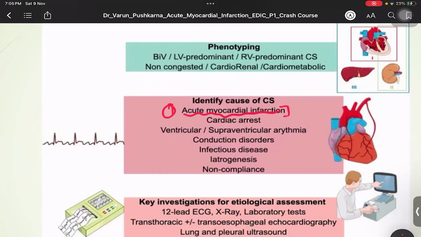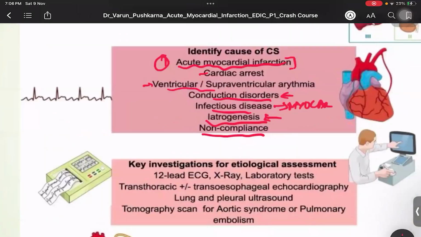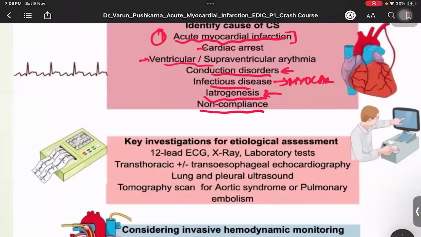Other causes are patients who have suffered a cardiac arrest, who have had arrhythmias like ventricular or supraventricular, conduction disorders like complete heart block, Wenckebach, infectious diseases like myocarditis, iatrogenesis like during procedure, if there is a coronary artery dissection, the patient can develop cardiogenic shock, and of course, non-compliance with the treatment. The investigations to arrive at the diagnosis include 12-lead ECG and X-ray.